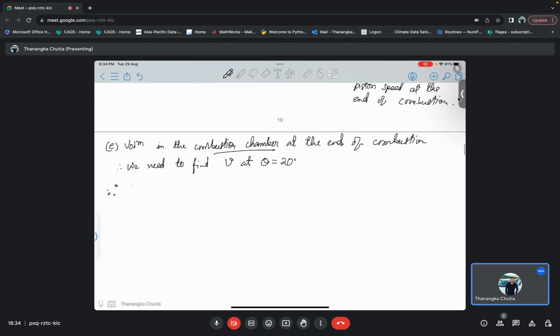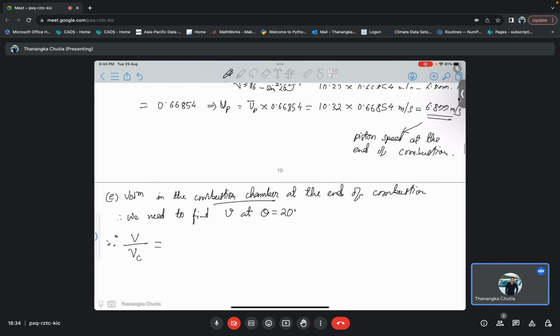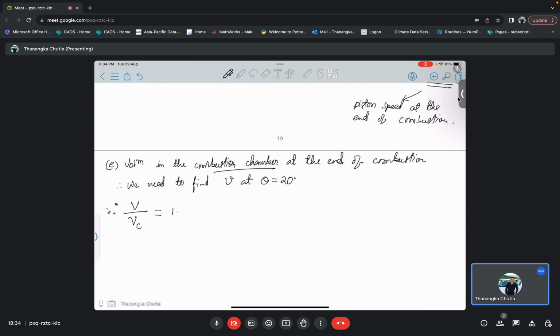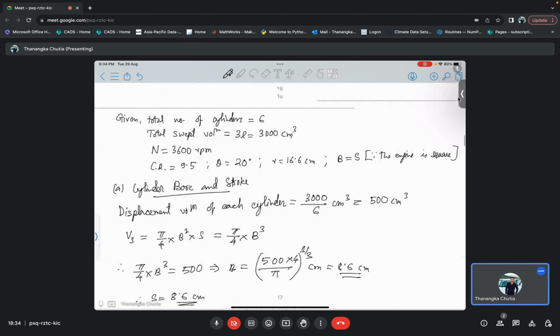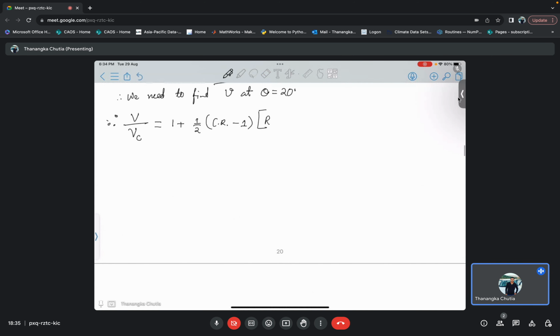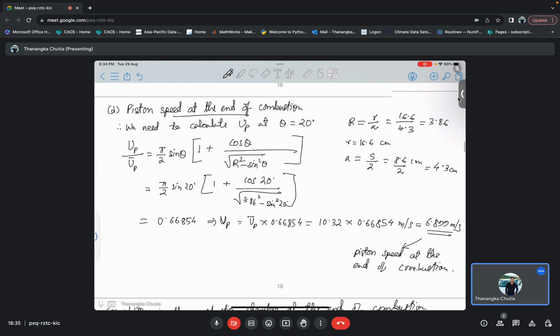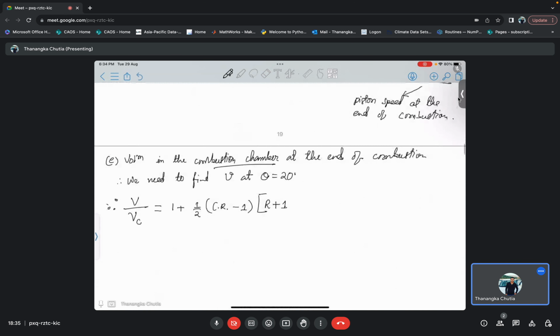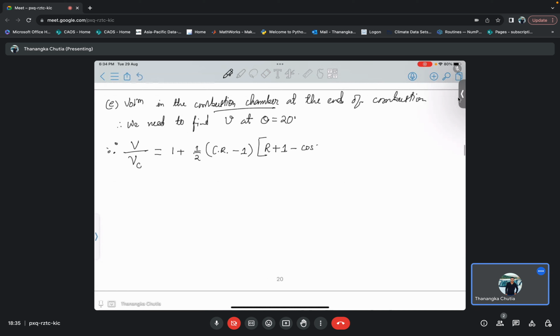So therefore V by Vc will be equal to what? 1 plus 1 by 2 times (Cr minus 1), okay, into (R plus 1 minus cos theta) minus root over (R square minus sine square theta), okay.